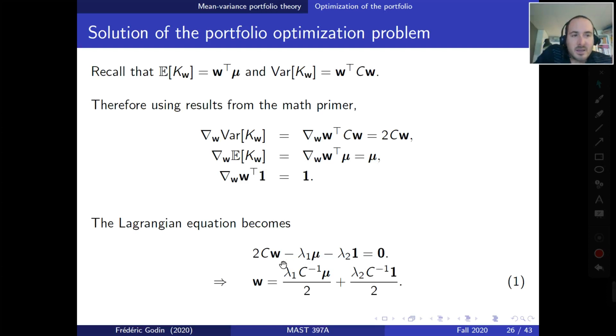Okay, so this gives us a relationship between the vector of weights W and the Lagrange multipliers.